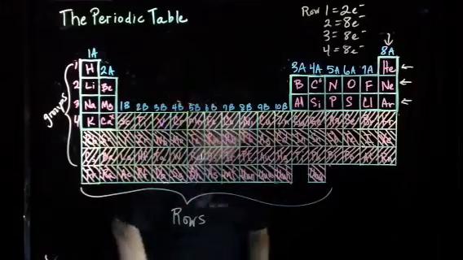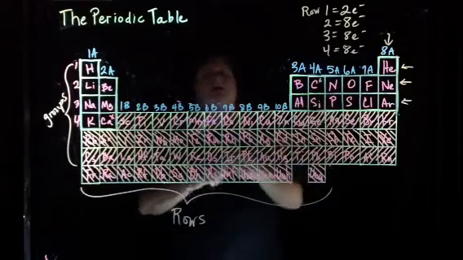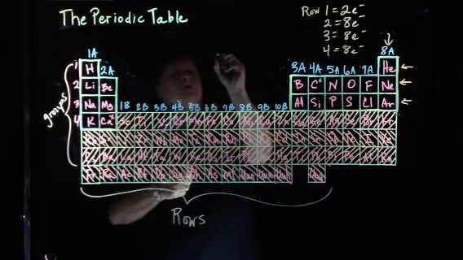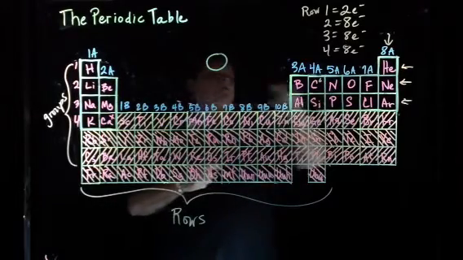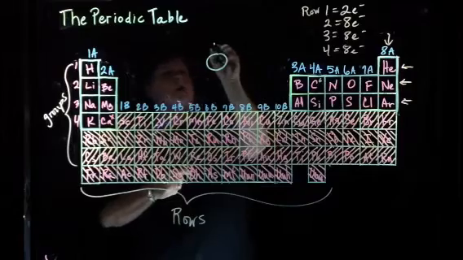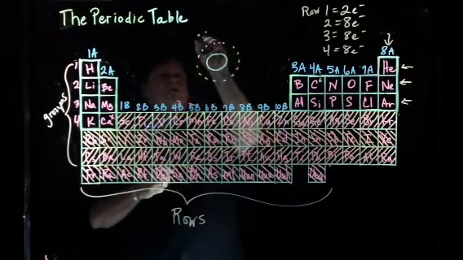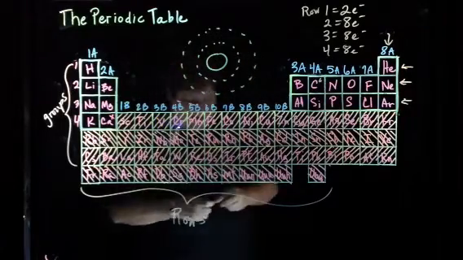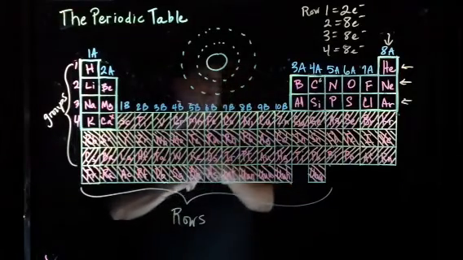Let's move over to elements, and let's look here at oxygen. Oxygen is also in row 2, so let's start with our little nucleus here, and it's in row 2, column 6. So I've got my row 2, so I've got my 2 orbitals, and my column 6 tells me the number of valence electrons.